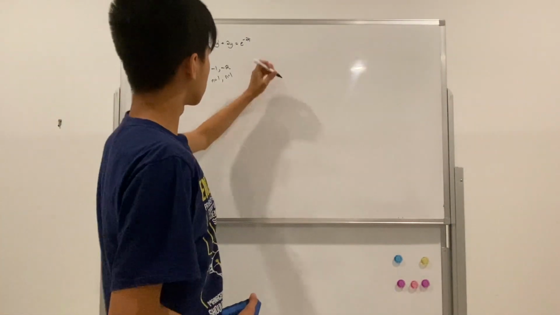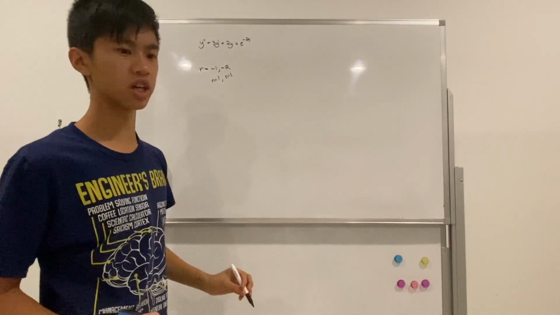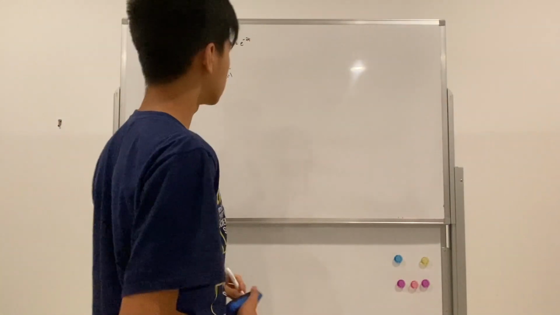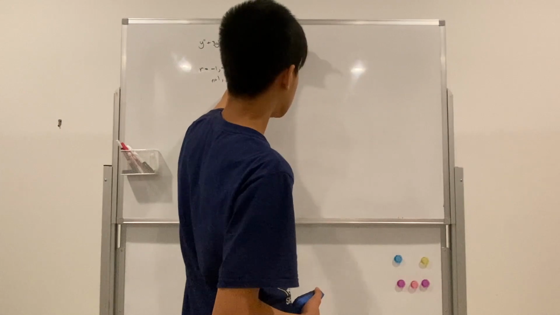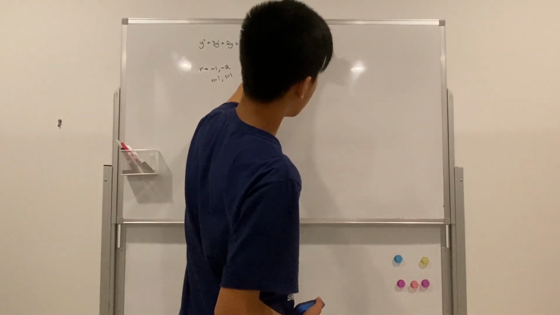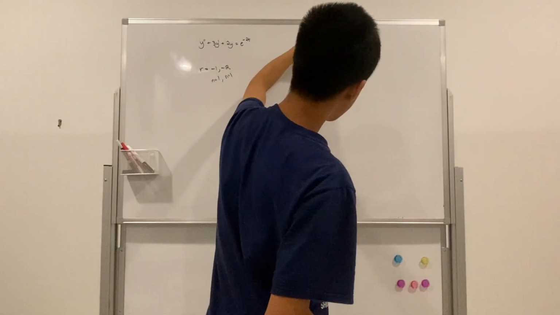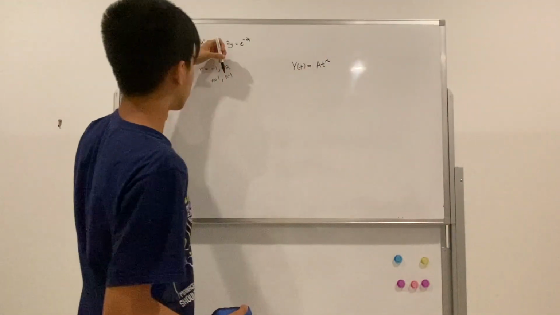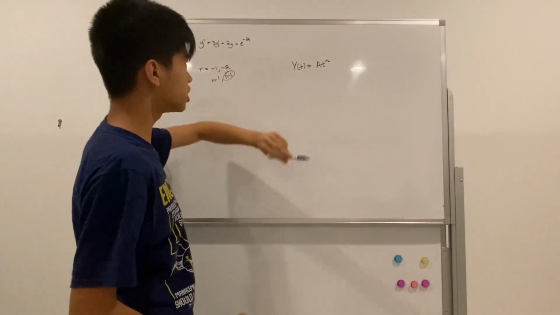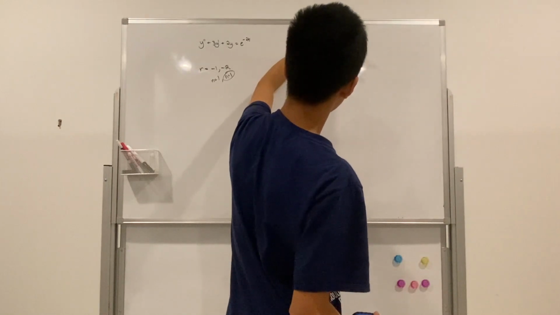So instead of having g of t as our test function, instead of A e to the -2t equals big Y, we would have big Y of t equal to A, our constant again, times t to the n power, where n is our multiplicity, times our g of t.